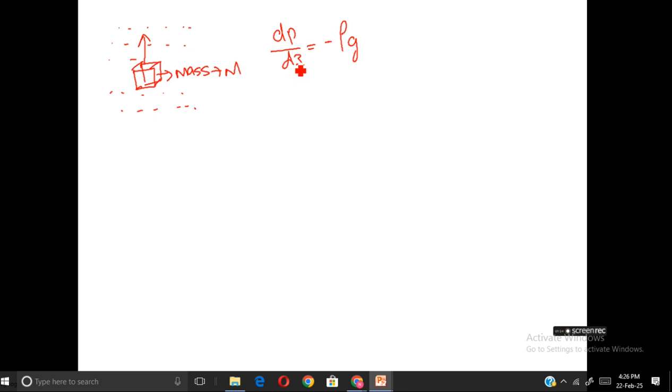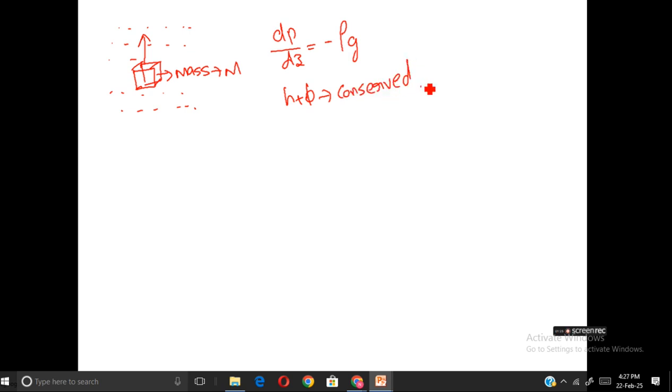Then the quantity h plus phi of the air parcel will be conserved.